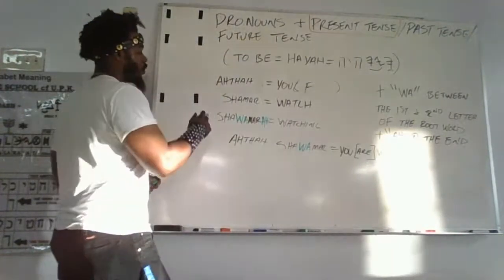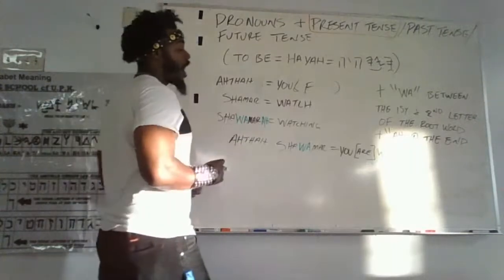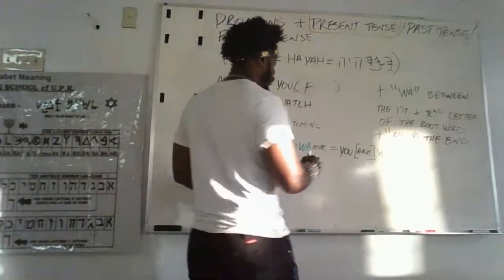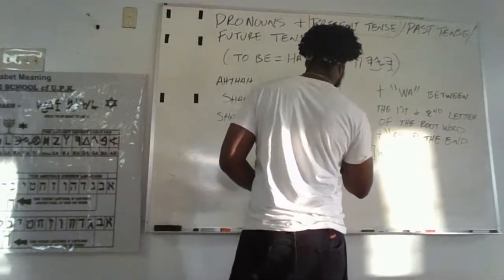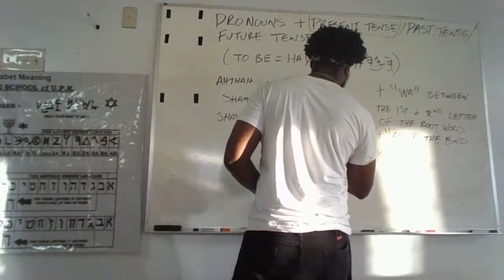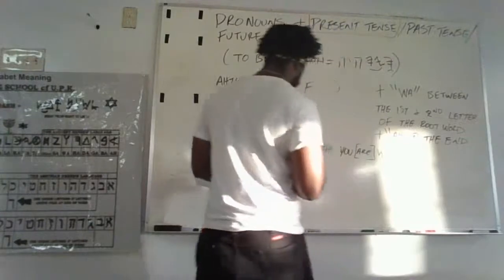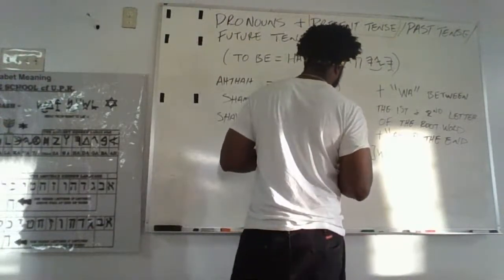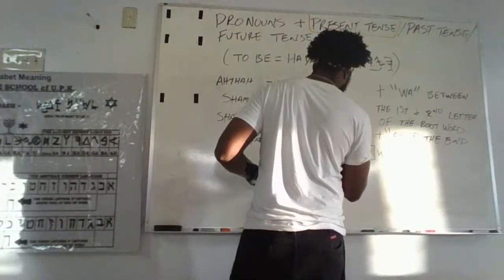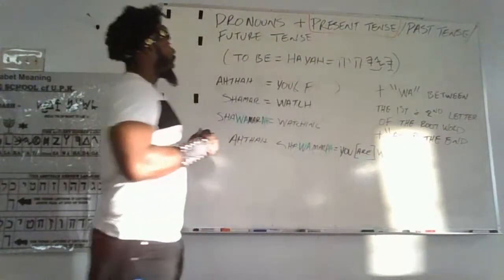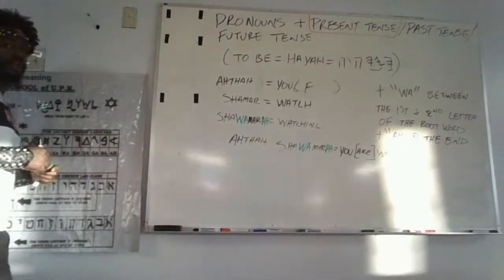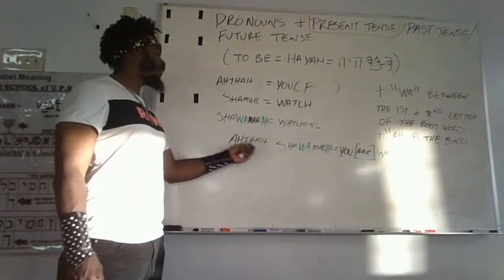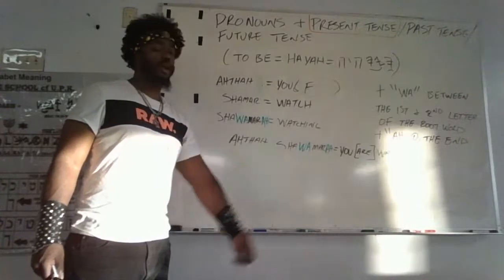All right. It's going to be shawamar-ah. So same sentence, but we're going to add an -ah at the end. So when you're speaking in a feminine sense, like when you're talking to a woman, you're going to say atha shawamara.